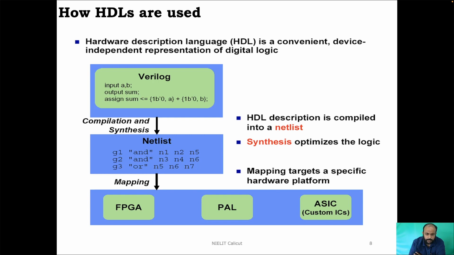Once it is formed, it is subjected to a lot of backend processes as part of synthesis, like design partitioning, floor planning, routing, and so on, subject to the constraints set by the user. Then finally it is ported onto a hardware. The hardware platform could be a reconfigurable platform like a PLD, programmable logic device, or a PAL, programmable array logic, or a programmable logic array, or a somewhat more complex field programmable gate array.